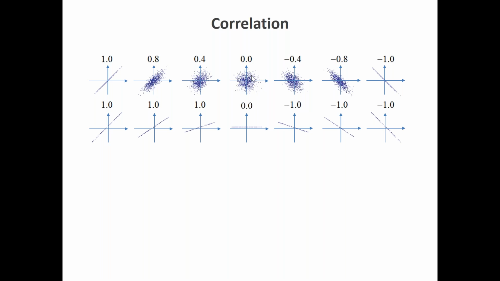If the points with coordinates x and y, which are the two time series, scatter in this way, making a kind of circle, then we say that there is no correlation.